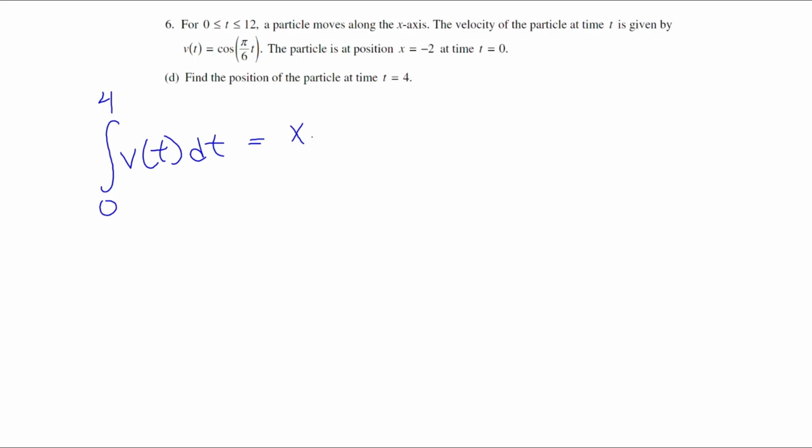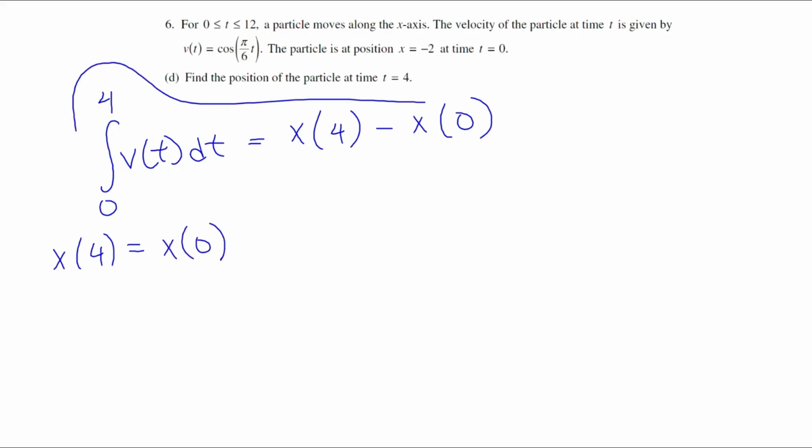In other words, x of 4 minus x of 0. And if we want x of 4, well, x of 4 should just be our initial position, x of 0, plus the integral from 0 to 4 of v of t dt.